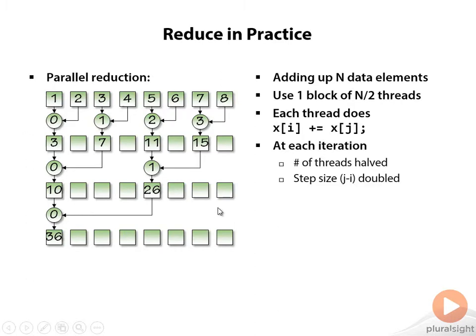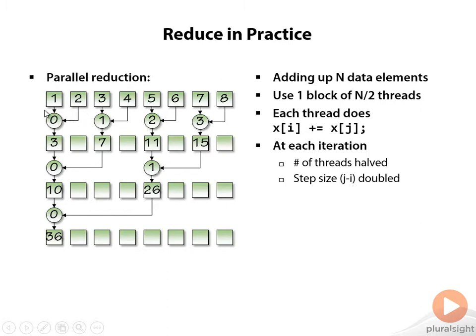And at each iteration, 2 things happen. By iteration, I mean going from this step to this step. So at each iteration, the number of threads gets halved. So here we're starting with 4 threads, then we have just 2 threads, and finally we have just 1 thread. And another thing that happens is that the step size is doubled. The step size is effectively the distance from here to here.